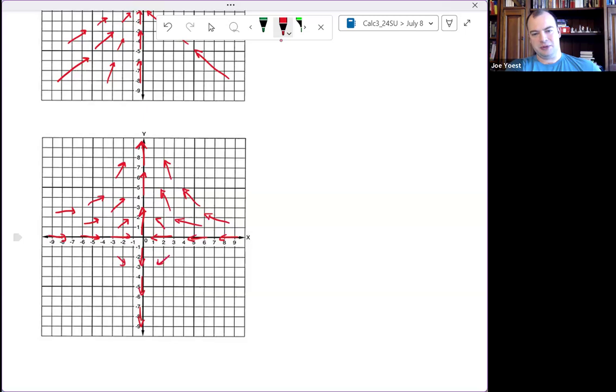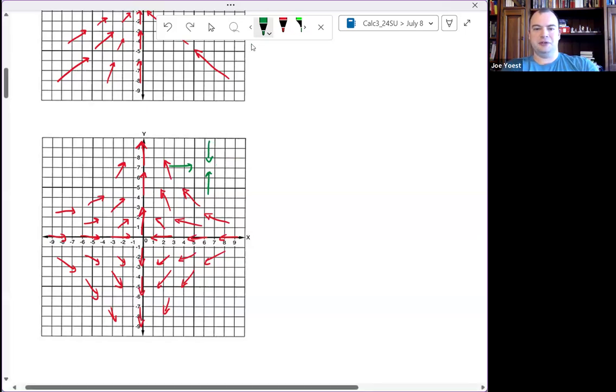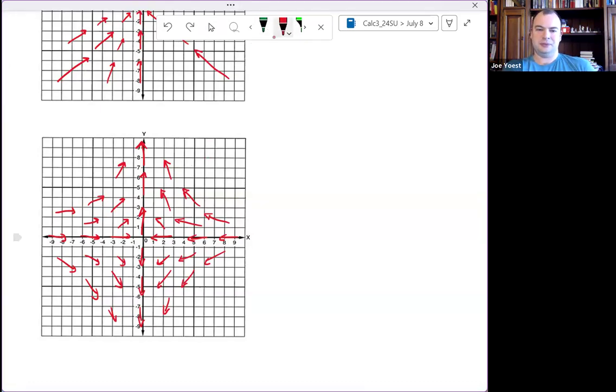And kind of similarly down below. Maybe something like this. And of course, there's nothing special about the origin. I could have just as well drawn a vector field with everything going towards the point, whatever, 6, 7 or something, or going towards 6, 7 in the x direction and away in the y direction. The origin is just kind of a convenient place to anchor things.